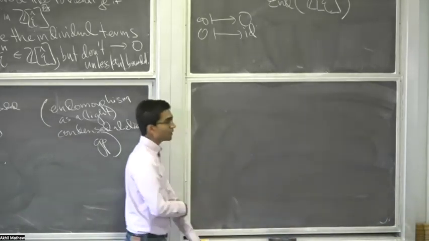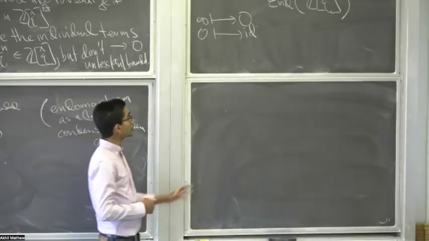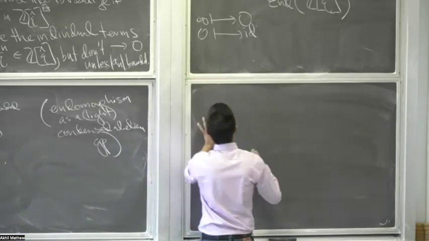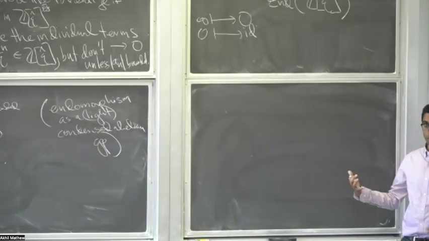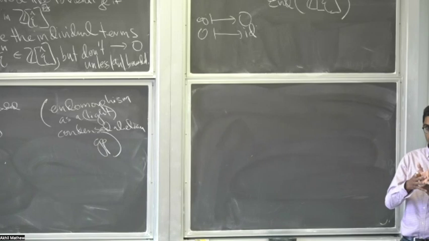So now basically the key feature is that this gives you a sequence of endomorphisms which is converging to 0 starting from the ideal.